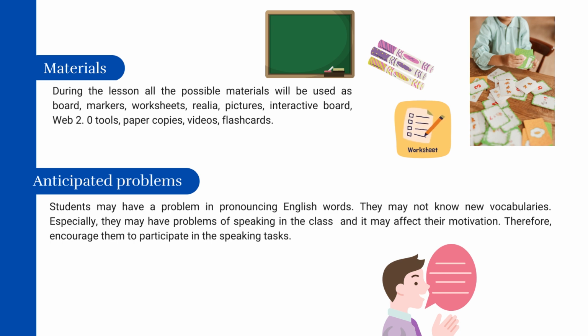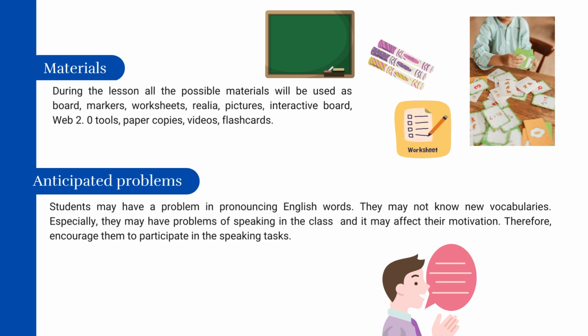An anticipated problem in this lesson is that students may have a problem in pronouncing English words, and they may not know new vocabulary, and they may have problems speaking in class, and it may affect their motivation.